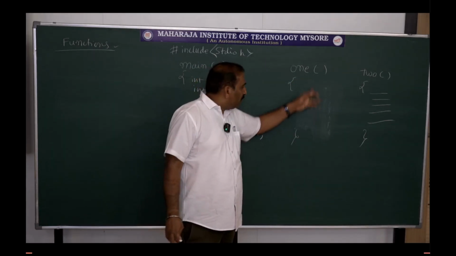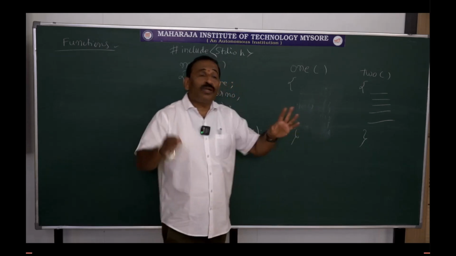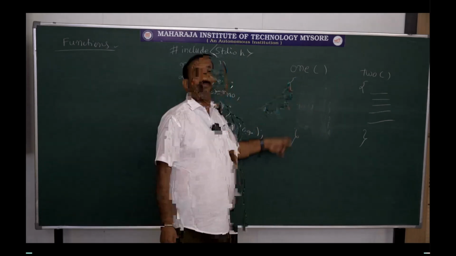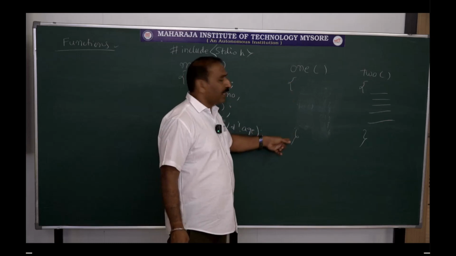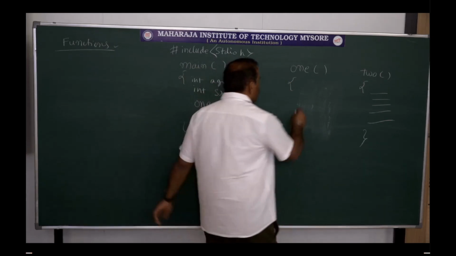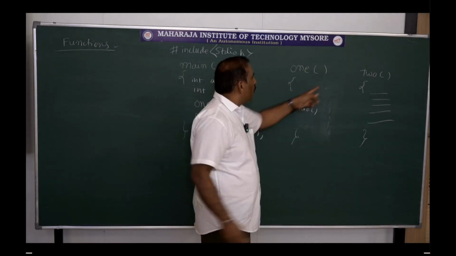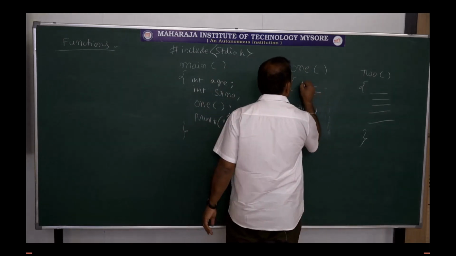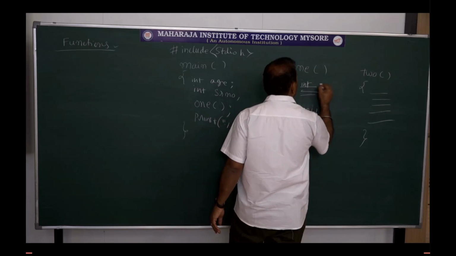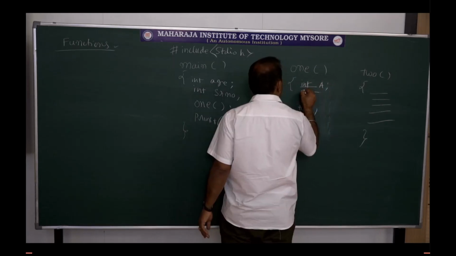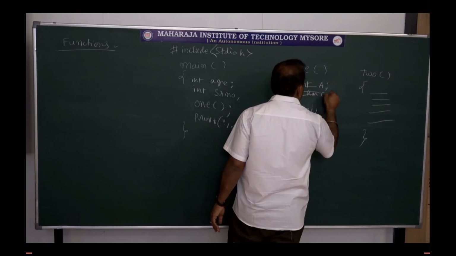So, these variables are valid only within these two brackets. When this is calling 1, what all variables have you declared here? An integer a, a character c.